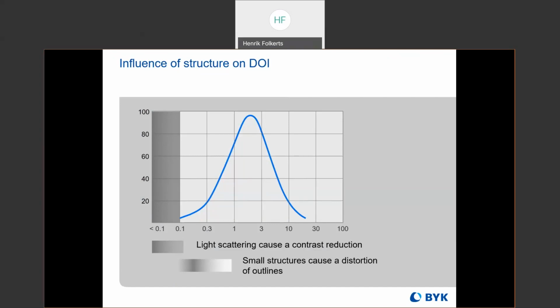The slightly larger structures, but still in the shortwave range, cause a distortion of outline. But remember, those WA through WE scales start at 0.1 millimeter. So just using those scales, we don't have anything that can see or measure structures smaller than 0.1 millimeter.